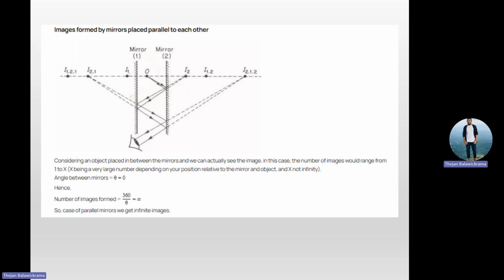There can be an infinite number of images when there is no angle between the mirrors. So consider an object with the angle between the mirrors being 0. What will happen? There can be an infinite number of images. Right? So you have to do a minus 1, which is infinity. Right? So that is shown.